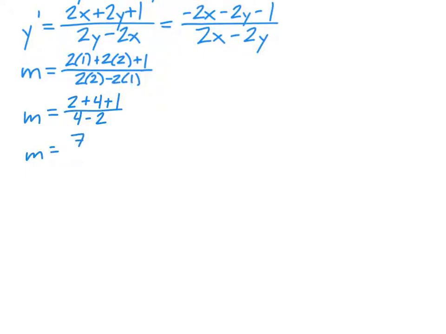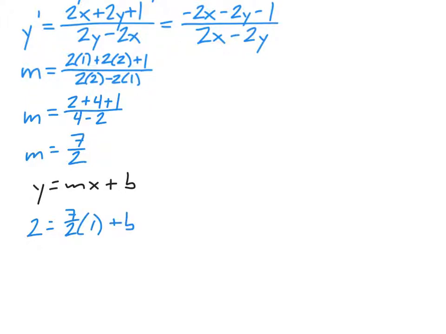So you should end up finding that the slope is 7/2. Now that I know the slope is 7/2, I can go ahead and plug that into the general y equals mx plus b to figure out what b is. Because I know what y is. Y was 2 equals the slope 7/2 times x, which was 1, plus b.